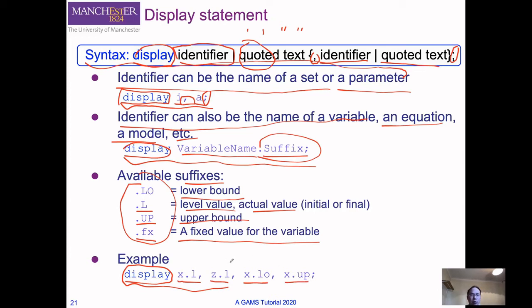We should use commas to separate them in one statement. The display of an equation or a model is very similar to the display of a variable. For instance, if we want to display the value of an equation, eq1, the name of the equation, then we can write display, and then the equation name, equation1.l.